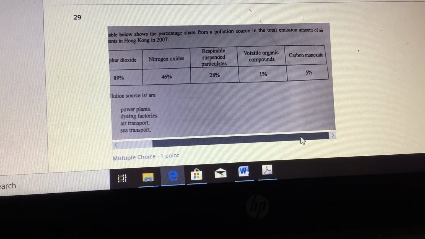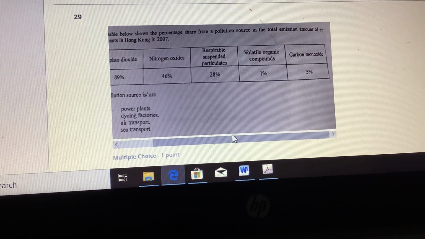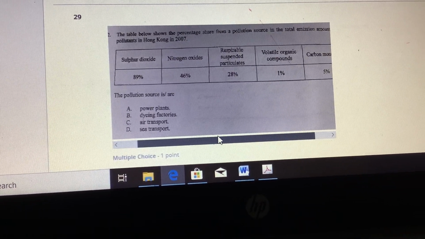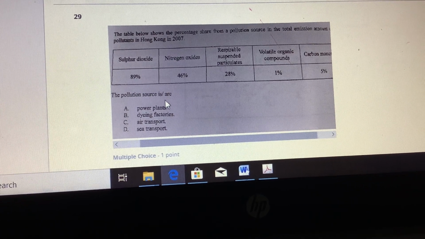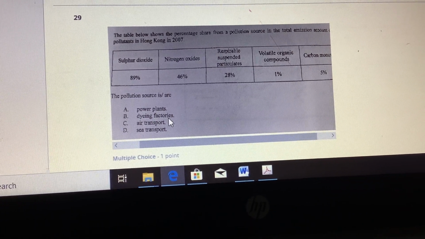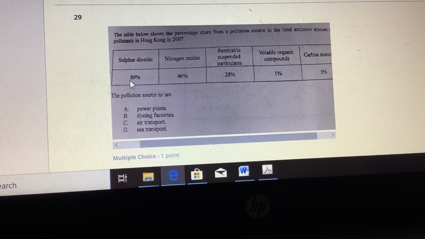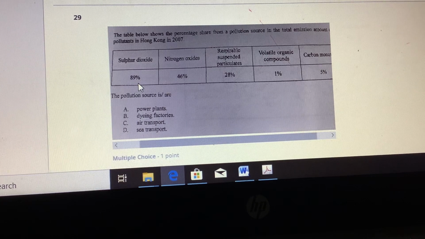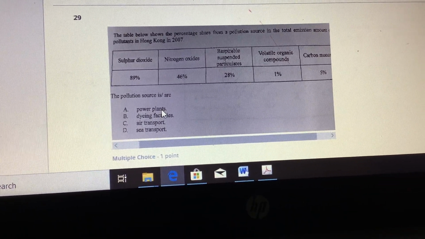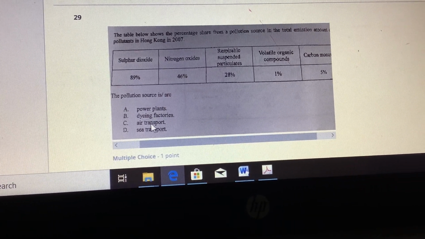Okay, this one. You can see there are a lot of different kinds of air pollutants, and this is talking about the total air pollutants in Hong Kong. The pollution sources are mainly power plants, dyeing factory, air transport, sea transport. How to deal with it? What is the highest thing? Sulfur dioxide. Which one is producing sulfur? Burning coal is producing sulfur. So is it going to burn coal?